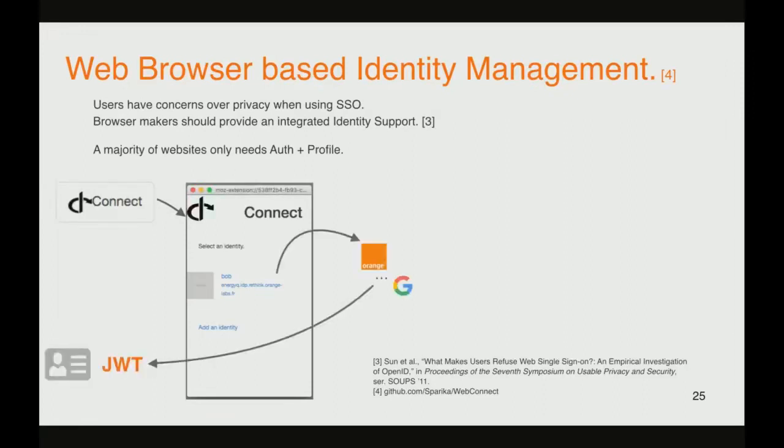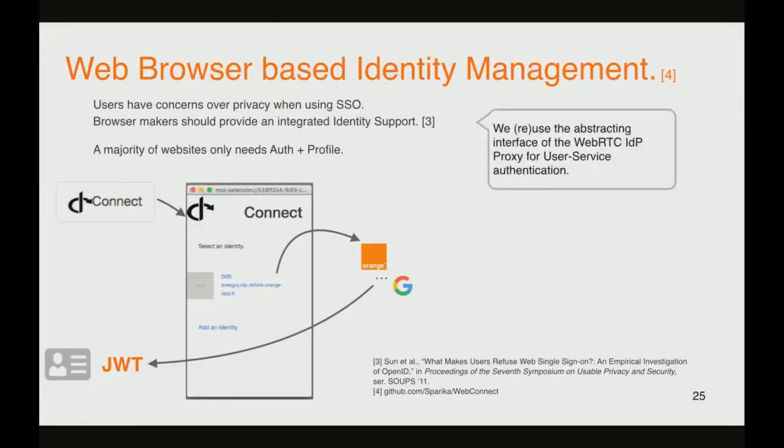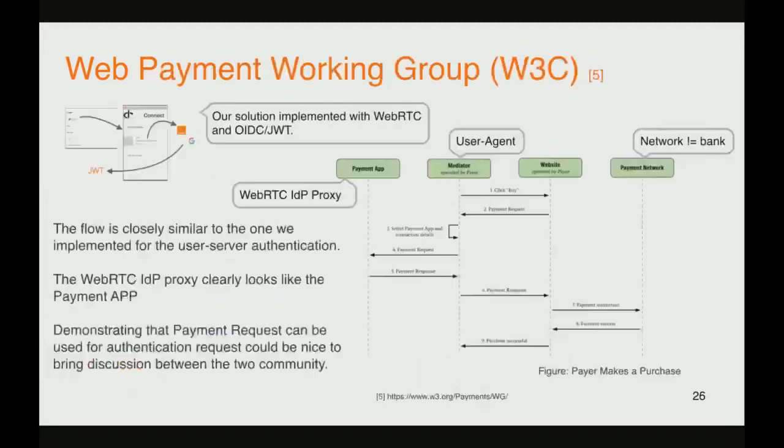So when you select an identity, it then calls the identity provider, which provides a JSON Web Token with the user identity and their proof of authentication. So we reuse the WebRTC identity mechanism, and basically it shows that if this identity mechanism is used in a while, it could be used more largely for more identity management stuff.